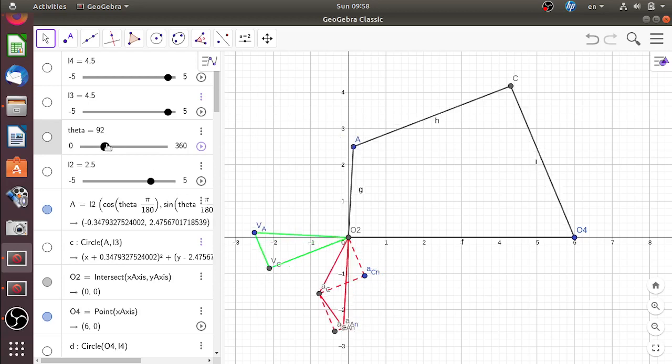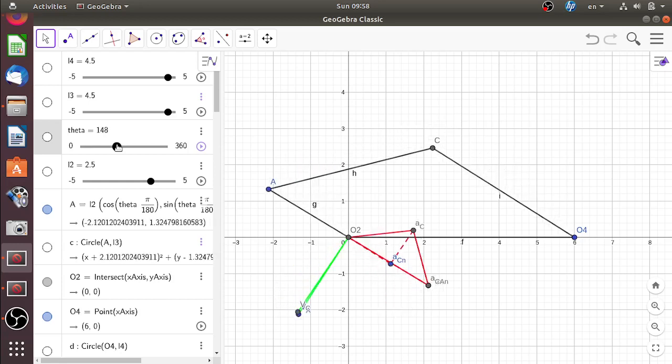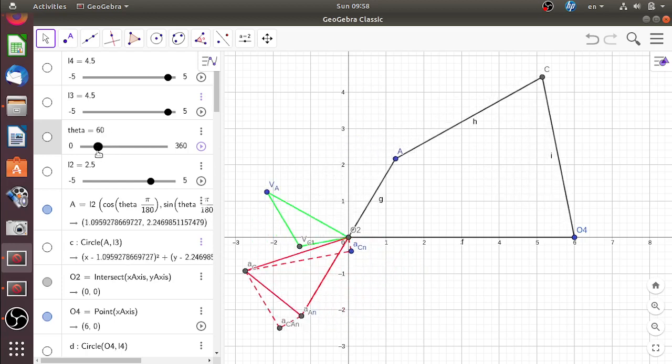Yeah. See. And at some point this A and C coincide, and we could observe how the components are changing, and with respect to the configuration, how the velocity diagram and the accelerations are changing.